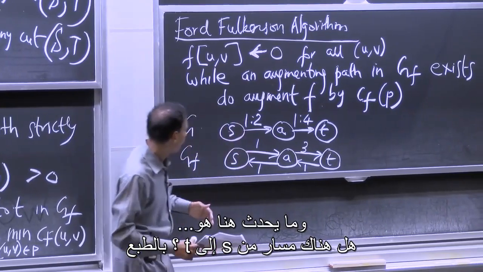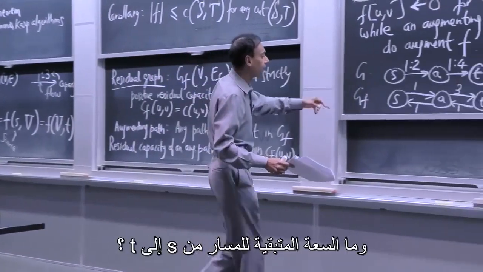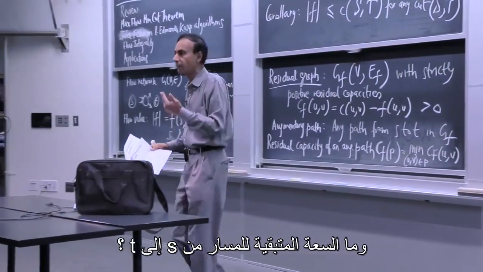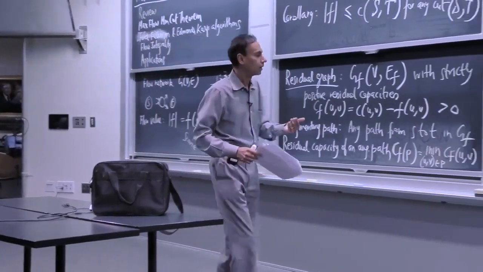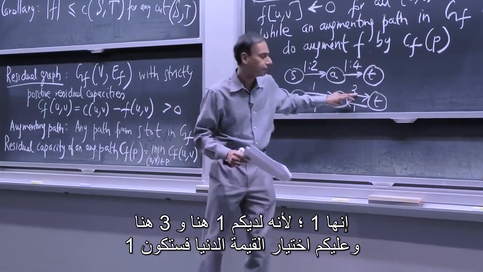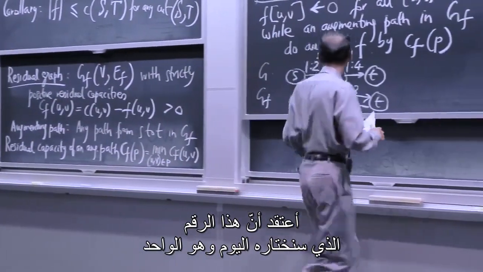And what happens here is there a path from S to T? Absolutely. And what is the residual capacity of the path from S to T? It's 1, because you got a 1 here, and you got a 3 here, you got to take the min, and it's 1, right? I guess that's the number of choice today, 1.